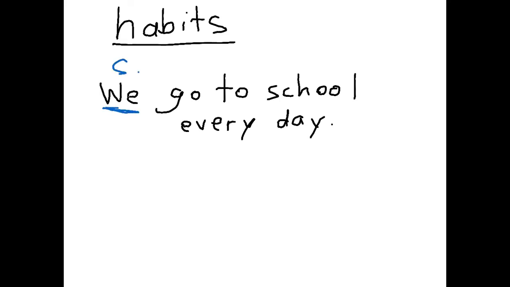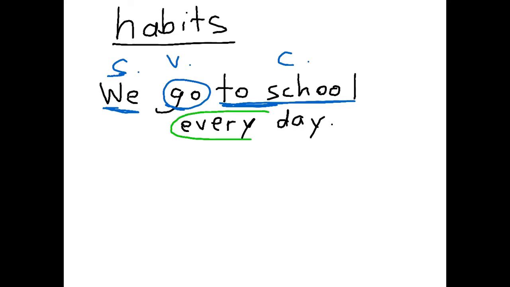We is my subject. Go is my verb in the base form. Remember the base form. And then where do I go to school? So this is my complement. And every day here, this tells me that I'm talking about a habit because this is something I repeat every day of the week.